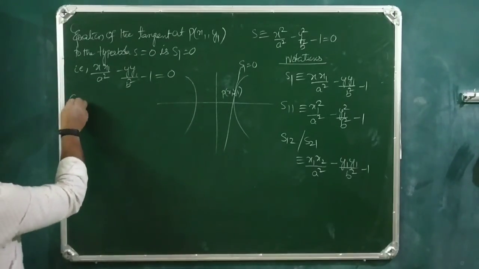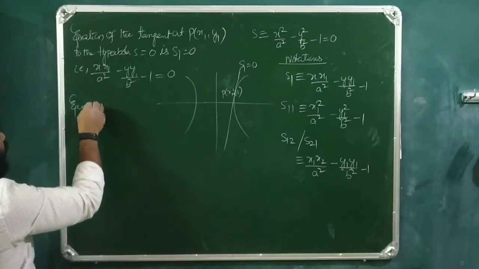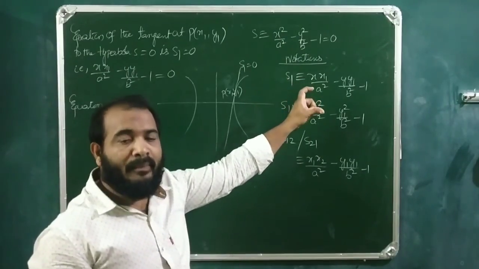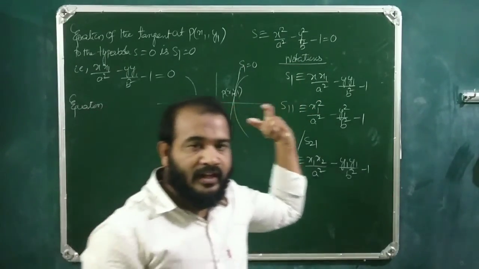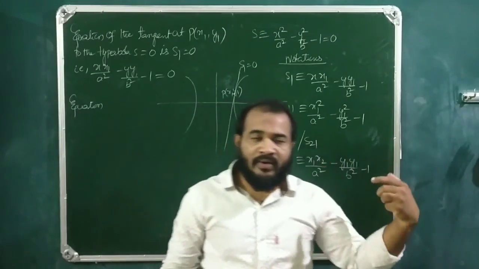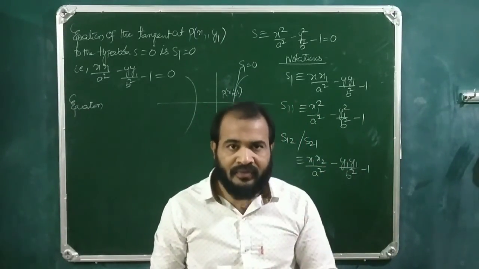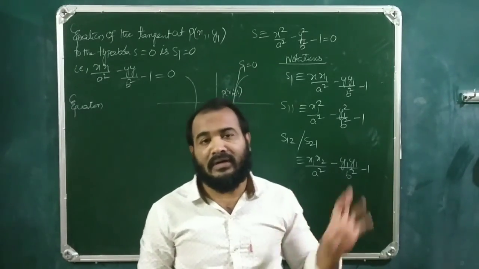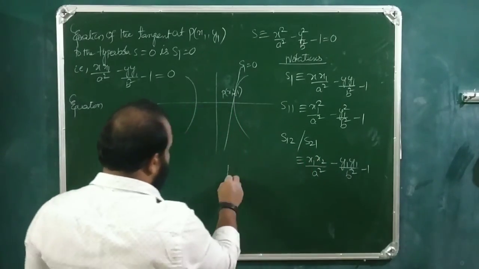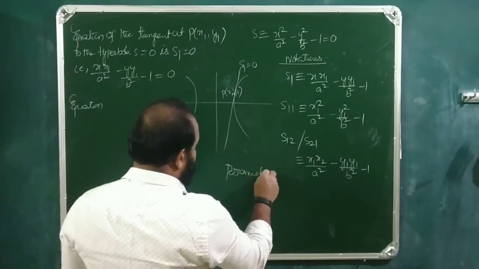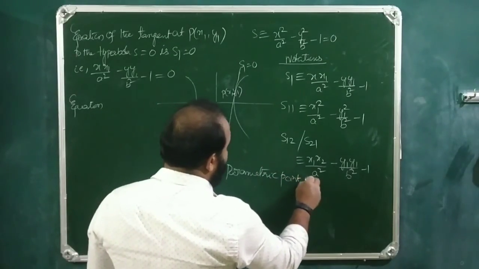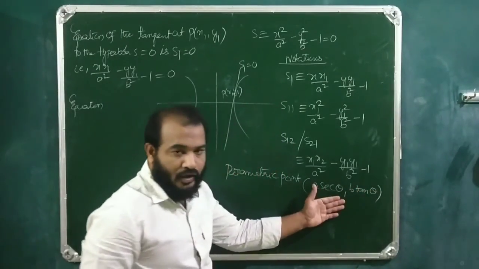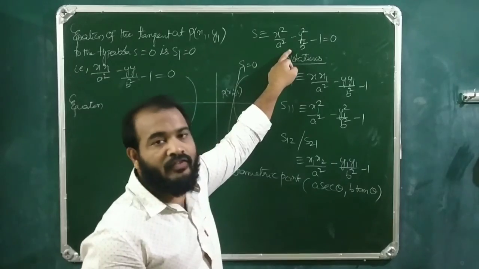Now the equation of the normal. For the ellipse x square by a square plus y square by b square equals 1, the parametric point is P(theta), a cos theta, b sin theta. But here the parametric point is a secant theta, b tan theta, because on substituting this point it will be satisfied.